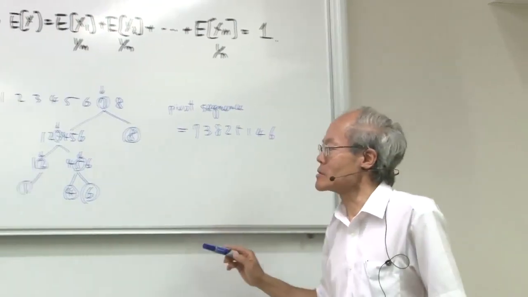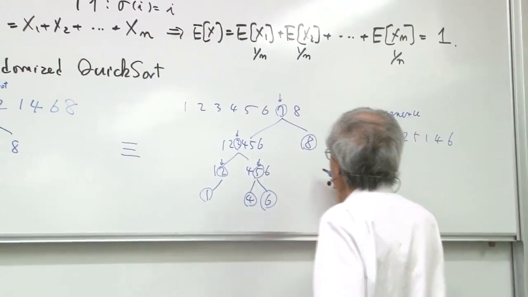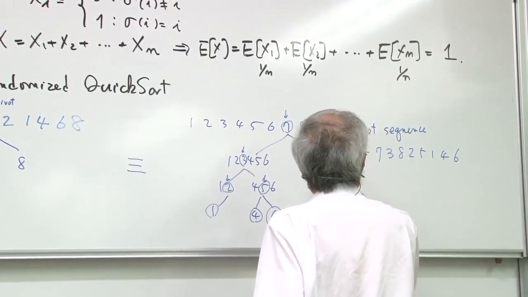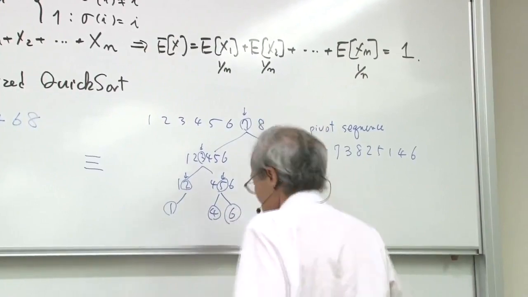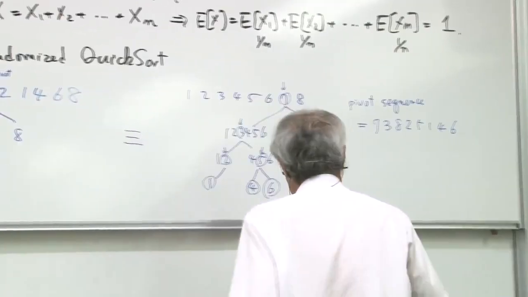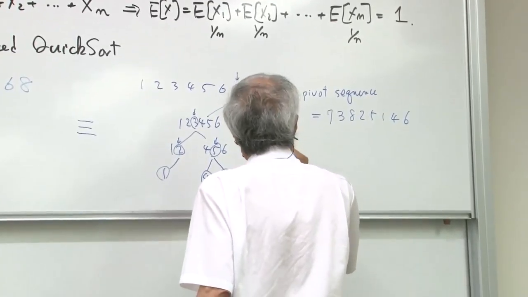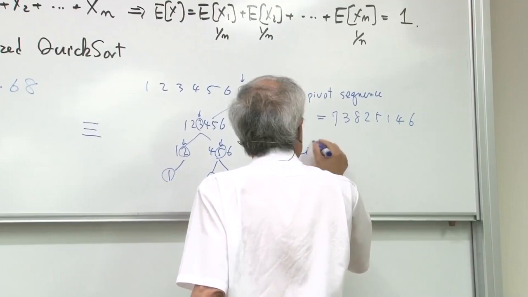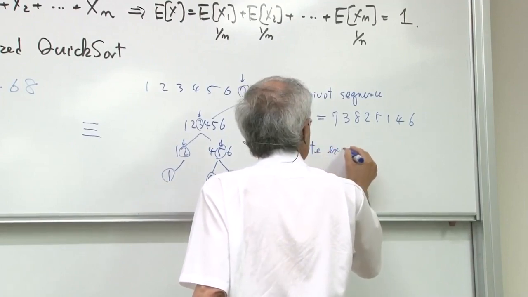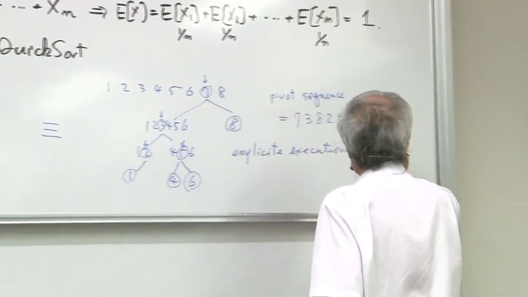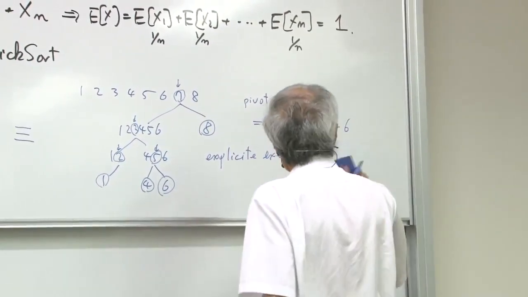So the sorting process, the execution, and the pivot sequence are not equal.